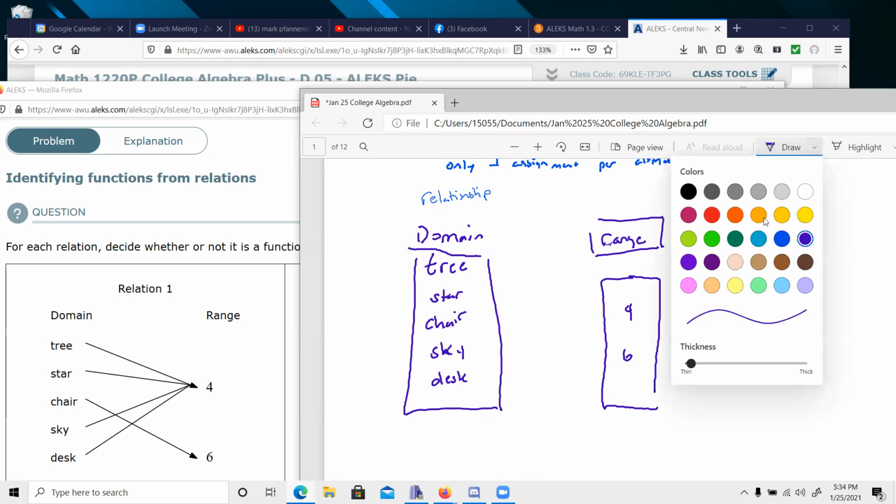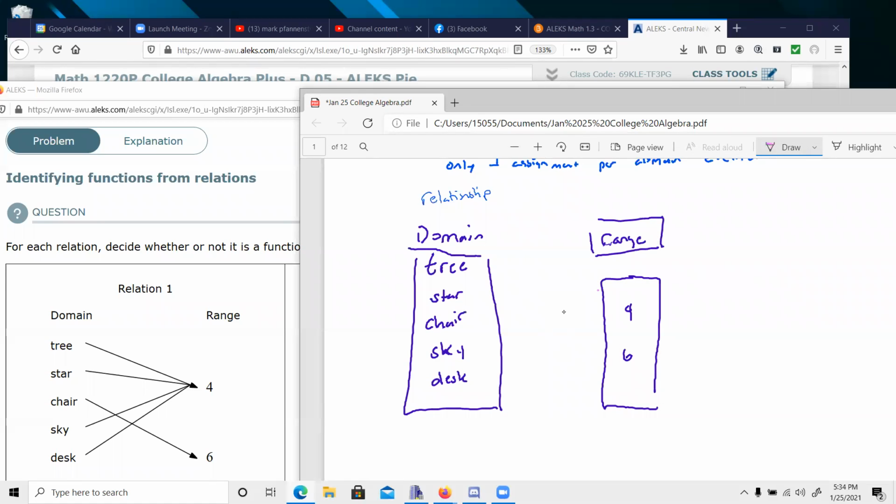So for this particular one, here are the assignments they gave us. Okay, they said tree goes to 4, star goes to 4, chair goes to 6, sky goes to 4, desk goes to 4. So this is fine as a function, right? Everything here has an arrow sticking out of it, and it only has one arrow sticking out of it.